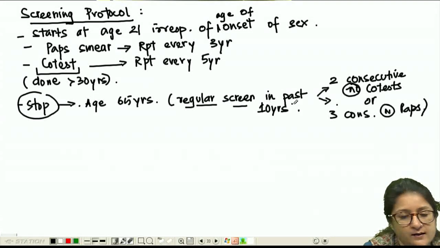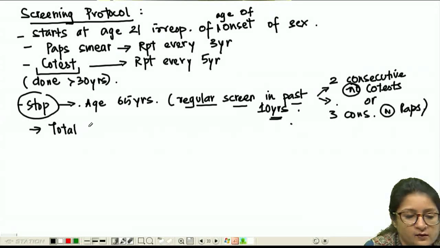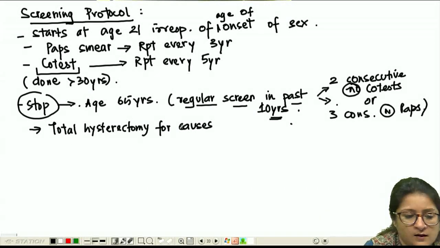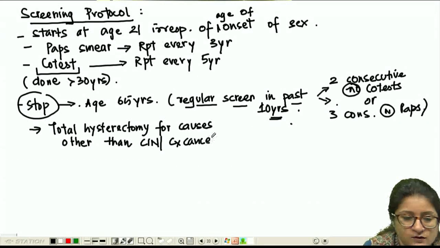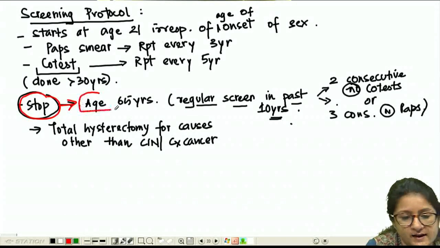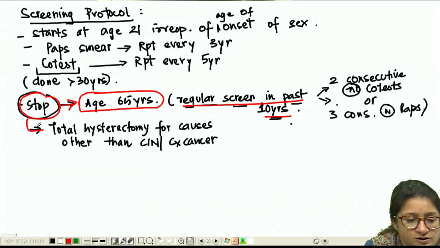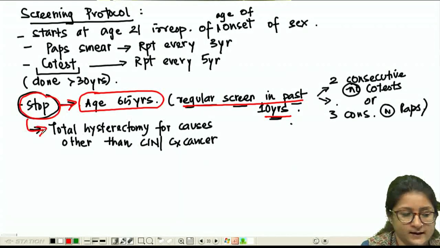Very importantly, we can stop screening for women who have undergone total hysterectomy for causes other than CIN or cervical cancer. So again, screening can be stopped once the woman is age 65 years if she has been regularly screened in the past 10 years or she has undergone a total hysterectomy for causes other than CIN or cancer.